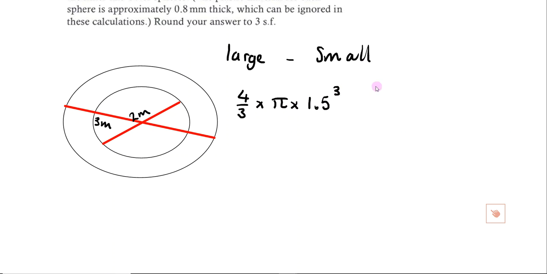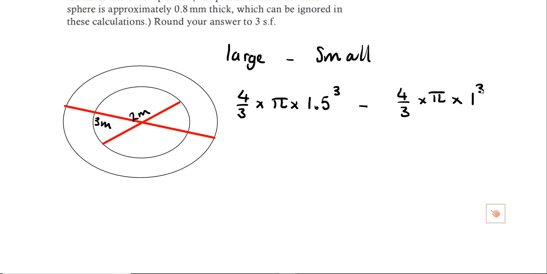Okay? And we subtract the 4/3 times pi times 1 cubed, because that's the radius of the smaller one. Got that?